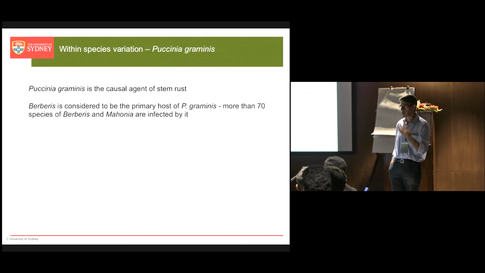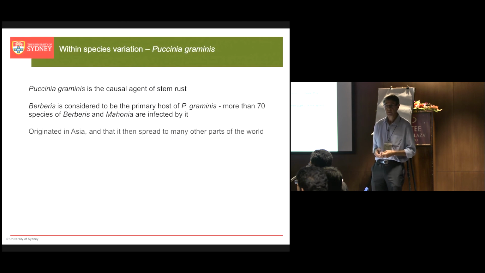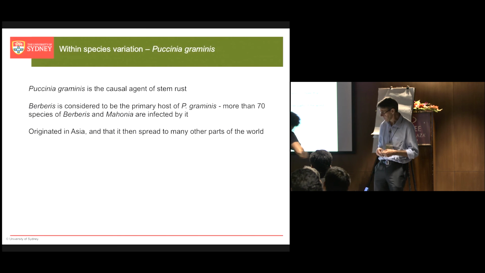It's a view through the eyes of humans that wheat is the primary host. But in fact, from an evolutionary point of view, they believe that Puccinia graminis evolved initially on barberry, as a pathogen of barberry. And from barberry, it then spread to the cereals. They believe that it originated in Asia, and from there spread to other parts of the world, particularly concurrently with the spread of cereals as they became domesticated and the spread of agriculture.